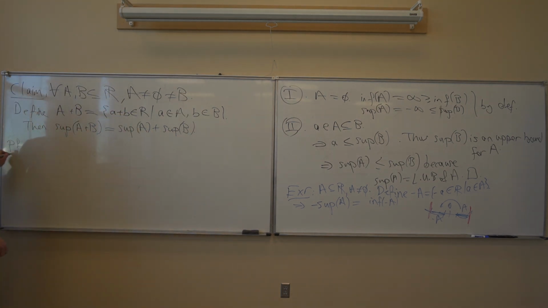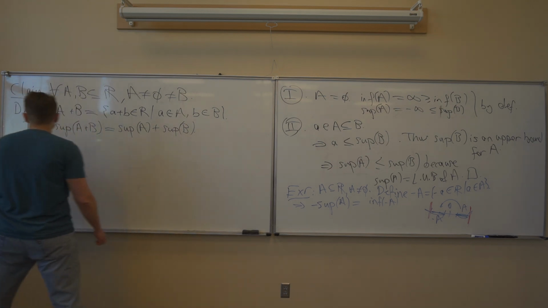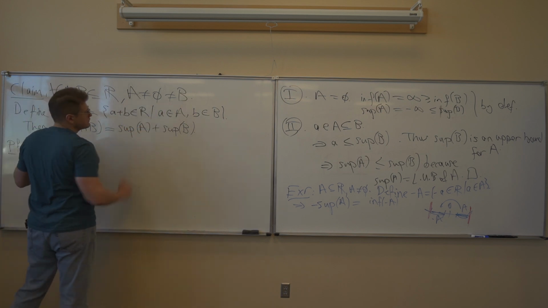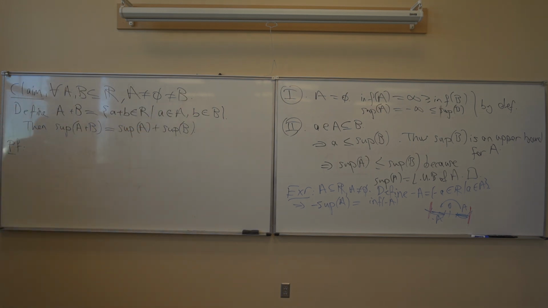Proof? Typically, when you have things like this, one side is rather straightforward, and then the other side you need to do something. So I know that neither of these is empty, which means that A plus B is non-empty.